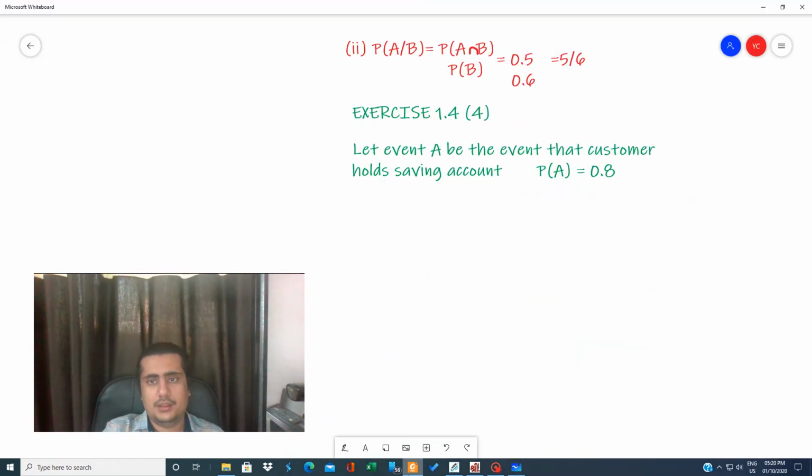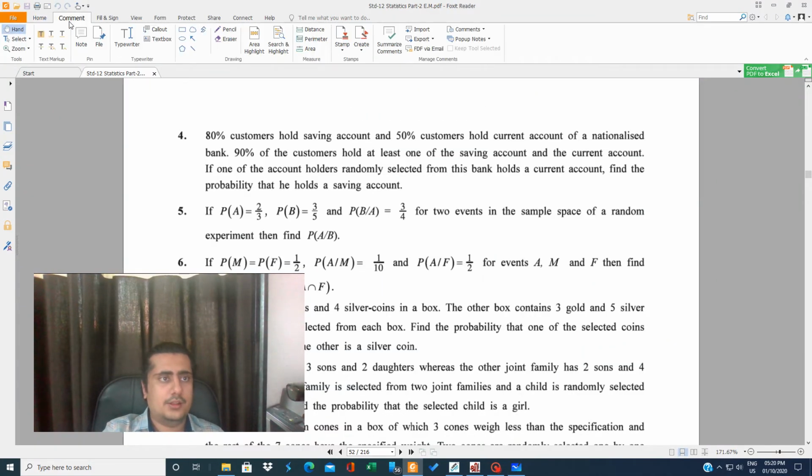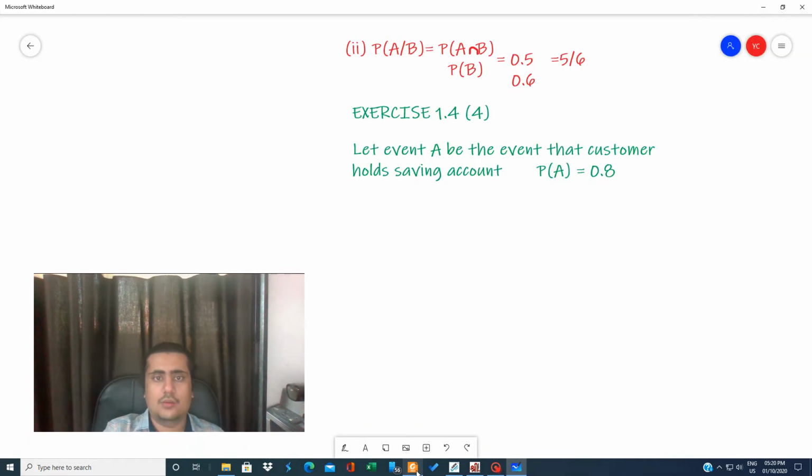Let event B be, as per the question, 80% hold a saving account, 50% hold a current account.